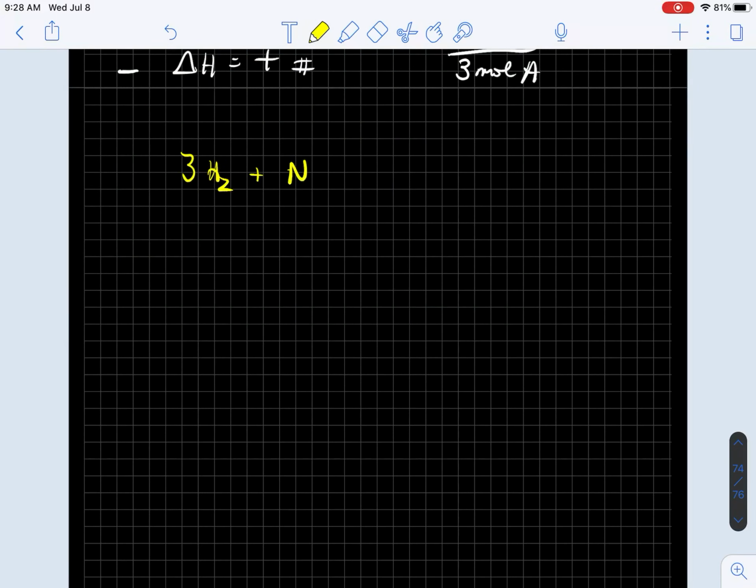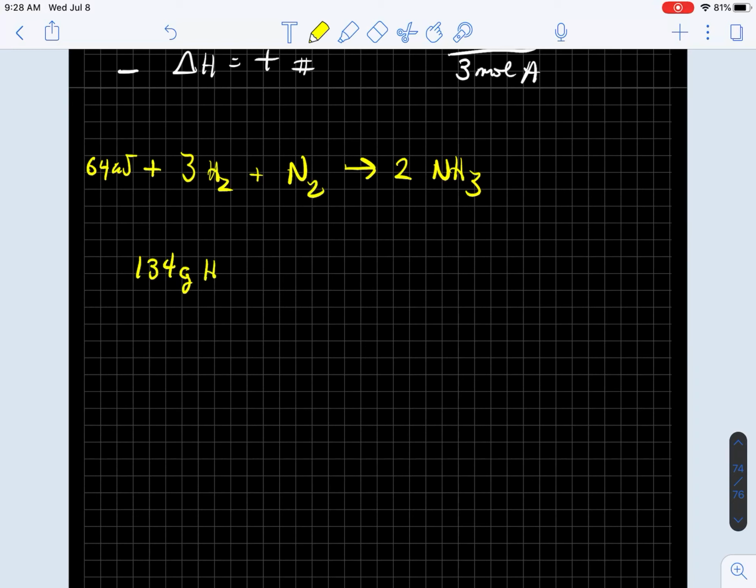So let's go back to our little reaction with hydrogen and nitrogen. And let's say that this is endothermic, right? And I'm just going to make up a number here. Let's say 64 kilojoules per mole reaction.